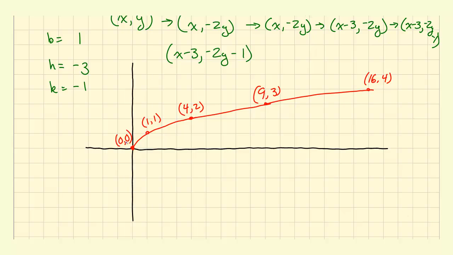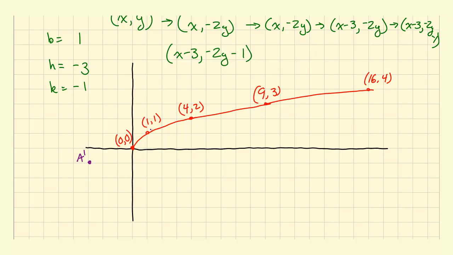So if I've got (0, 0), my new map takes the x-coordinate, moves it back 3, and then flips it over twice as far and down 1. So it moves it back 3, then it flips it over so it stays on 0, expands it by 2, stays on 0, and moves it down 1. So that's going to be my A prime.